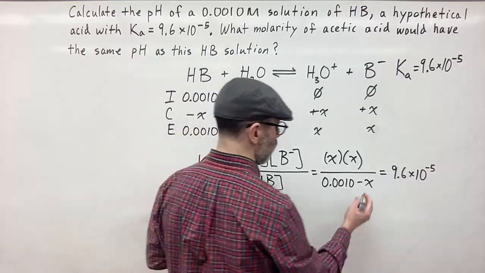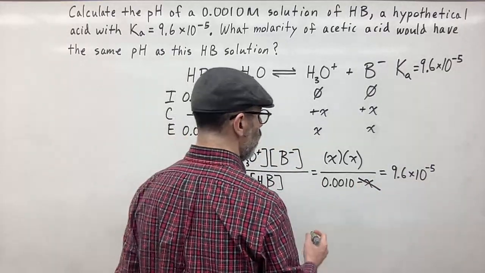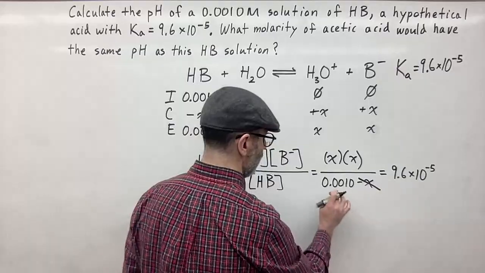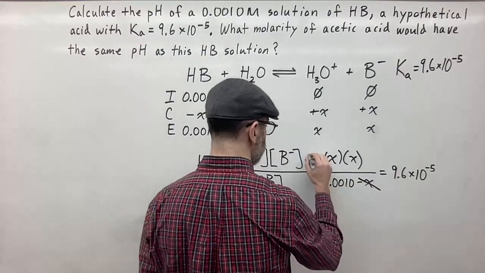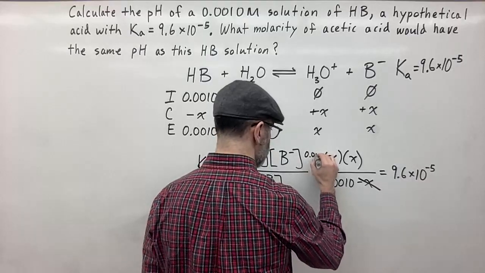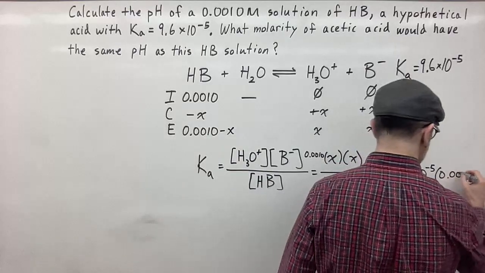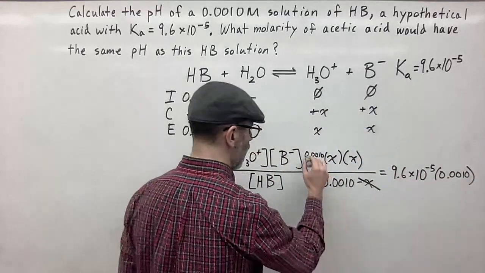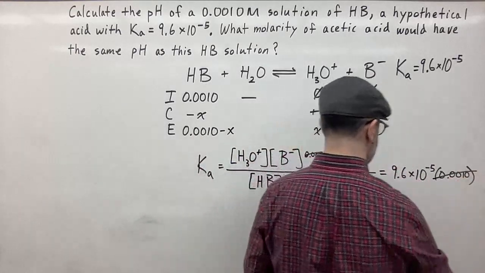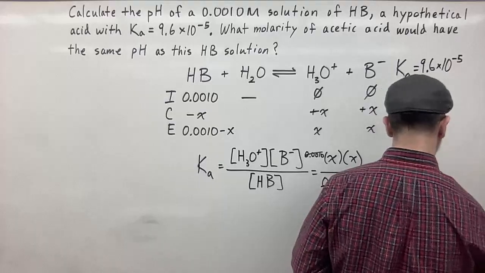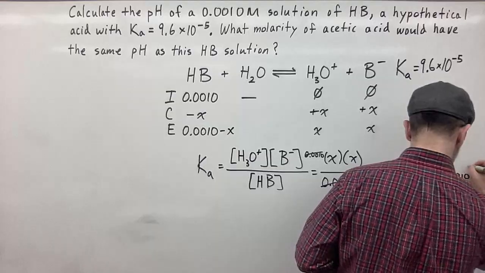So if we do the X is negligible assumption and we get rid of X, we multiply both sides by 0.0010. So that's going to be 0.0010 times 9.6 times 10 to the negative 5.